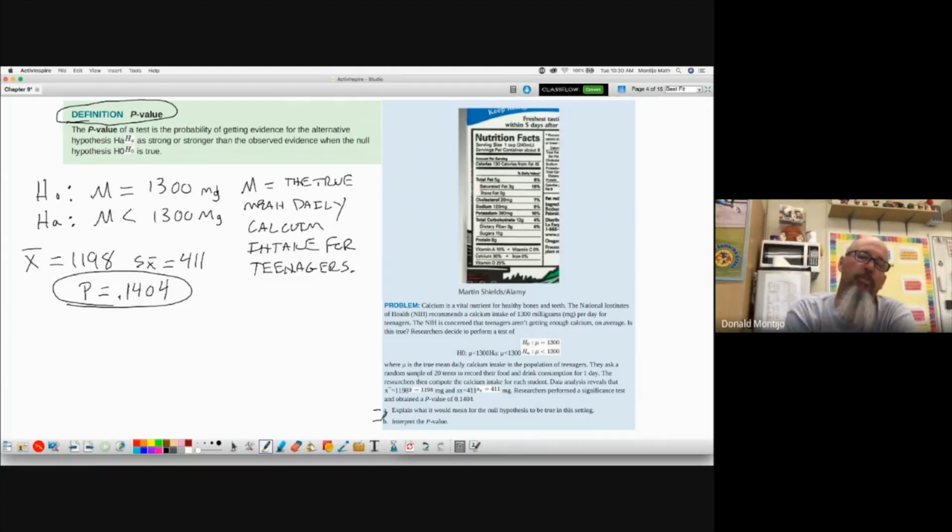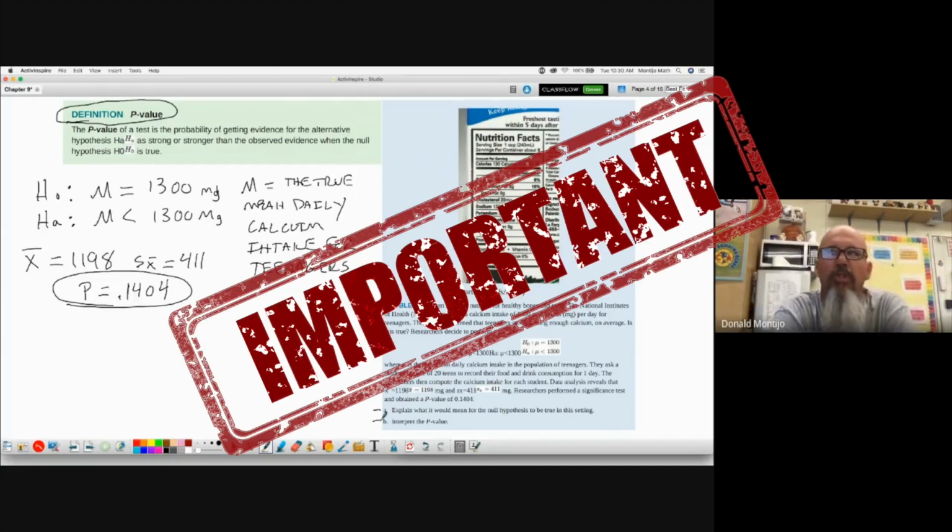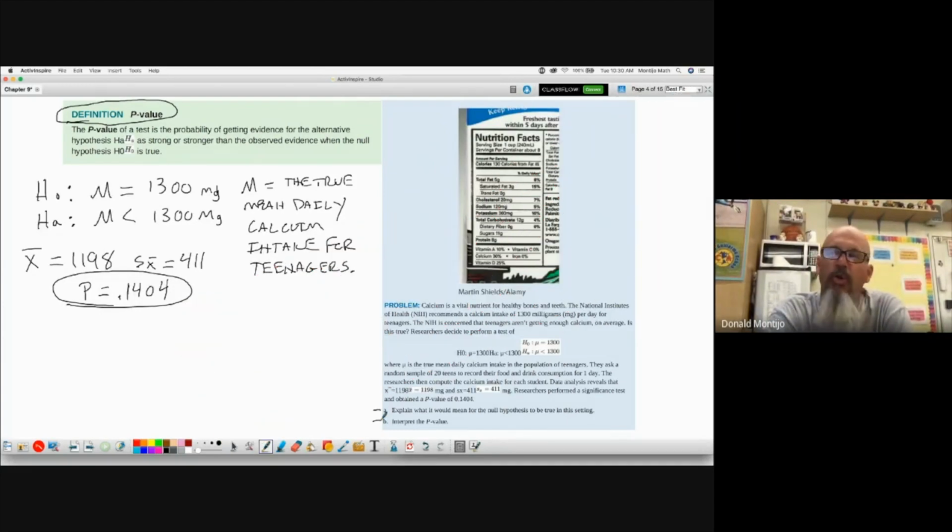This is probably the most important part of this whole significance testing, because if we don't know what our results mean, then we're wasting our time. So what does this 0.1404 mean? It says, assuming the null is true, under the assumption that teenagers really do take in 1,300 milligrams of calcium per day, there is a 14% chance of finding a sample of 20 students in which the calcium intake would be 1198 or less.